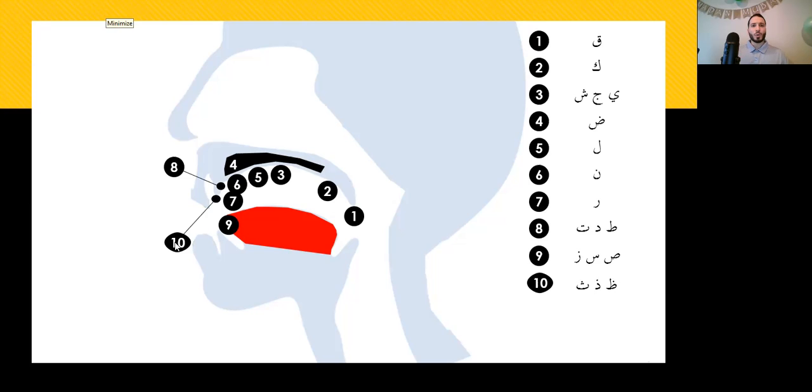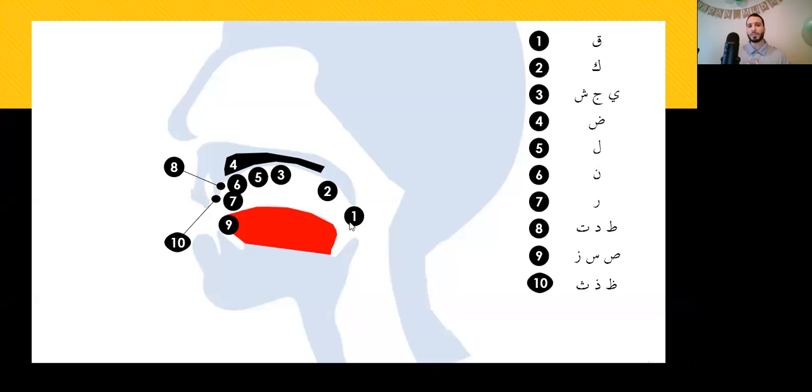Okay, so what we're gonna do is I'm gonna start with the back, all the way back close to the throat, to the tonsils. And we're gonna start going from that towards the lips, right?